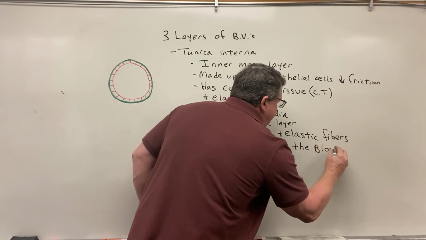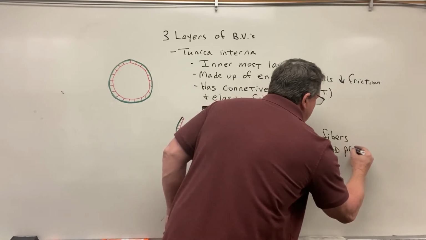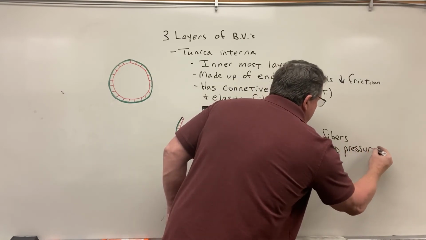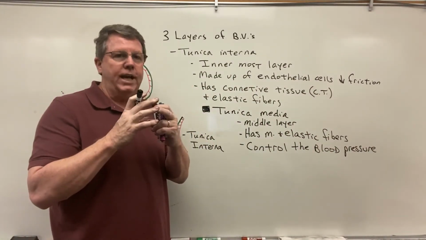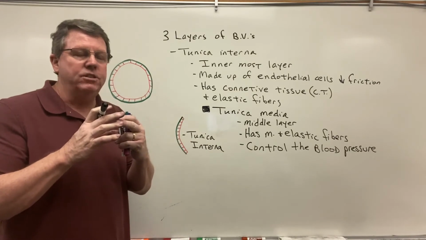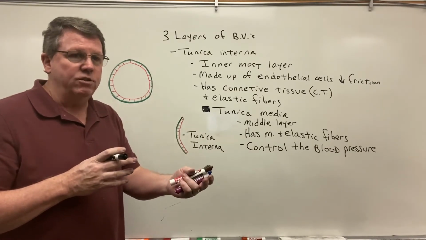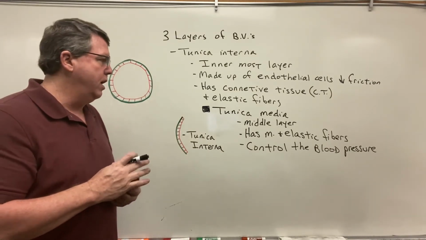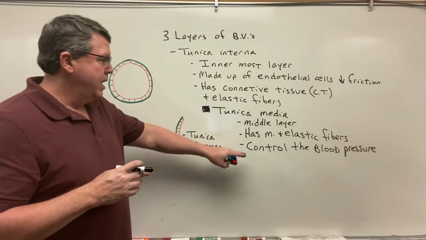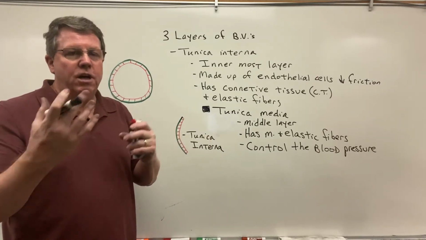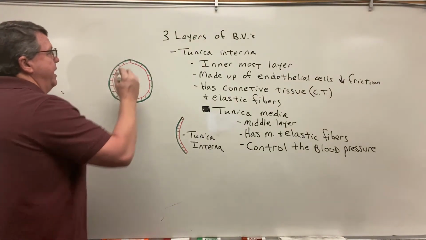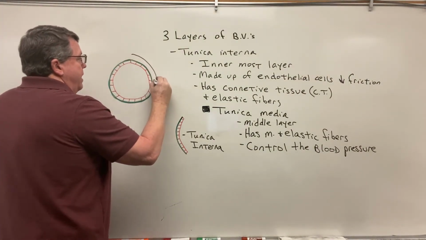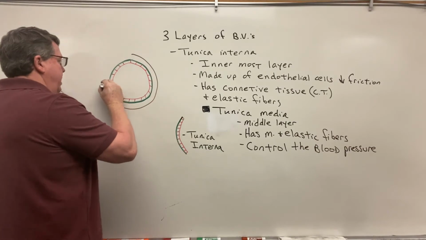So when it has more muscle, the muscle can contract and decrease the size of the blood vessel. That's called vasoconstriction, which we'll get into more in a little bit later on. Or it can open up, it's called vasodilation also. So that's going to be controlled by this middle layer. And that's this all right in here.